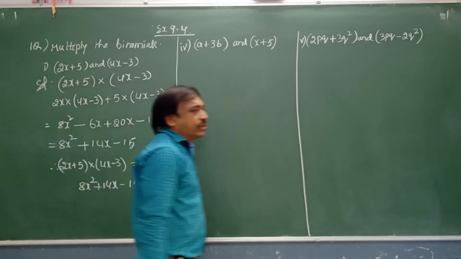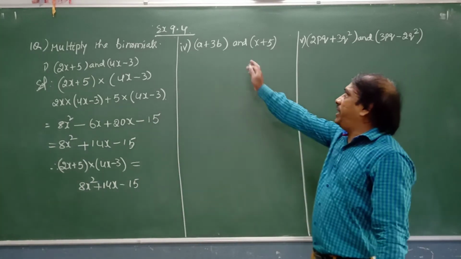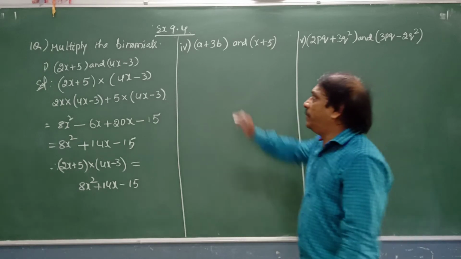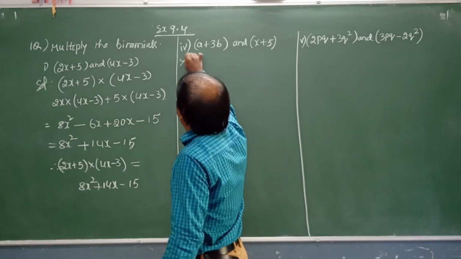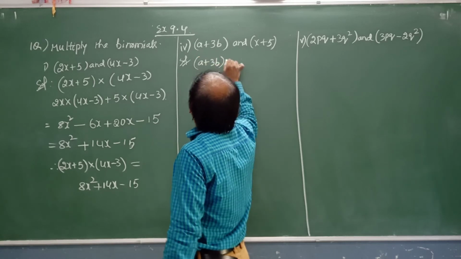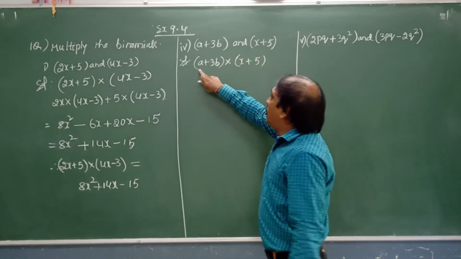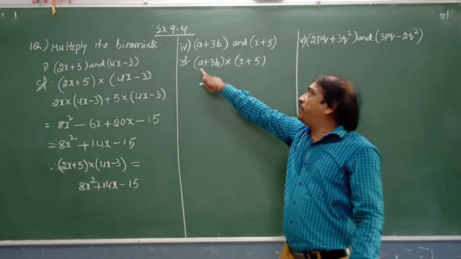Now we go to the next question, question number 4: a plus 3b and x plus 5. Here, given those two terms, a plus 3b into x plus 5, how many terms are there? Two terms, binomial.